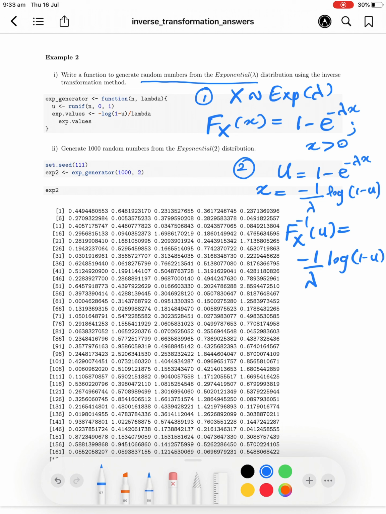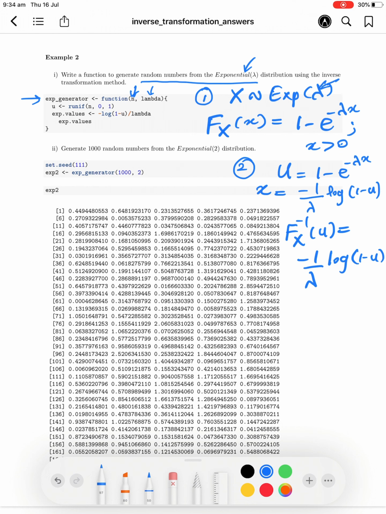So now you can write a function to generate random numbers from the exponential distribution with parameter lambda. Actually, we have a built-in function to generate random numbers from the exponential distribution. But what we're trying here is to use the inverse transform method. So here my name of the function is exp generator, and I have two inputs: n, the number of random numbers that you want to generate, and lambda.